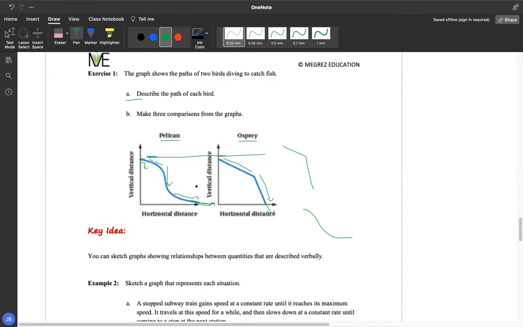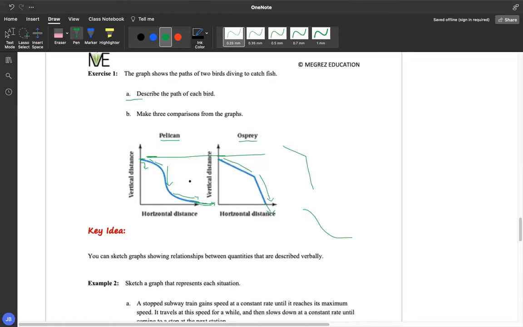Anything else? Any other comparisons? Does anyone else have any ideas? Well, I don't know if this is one, but I noticed that both birds are flying from the left.